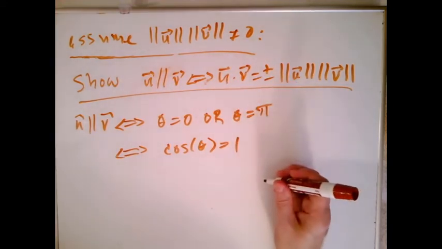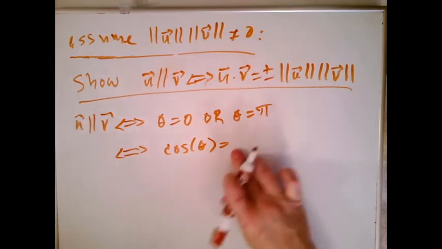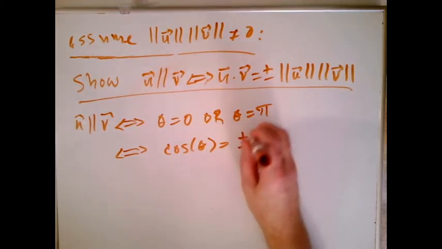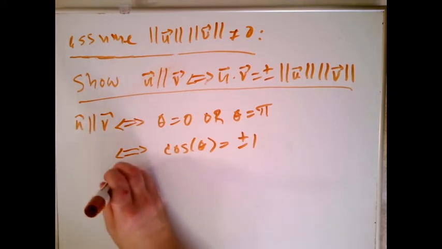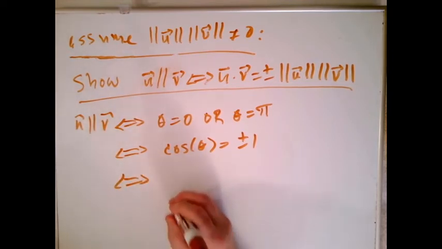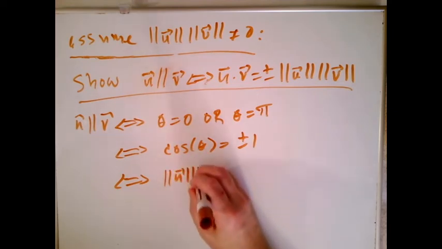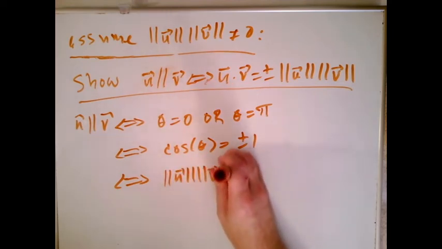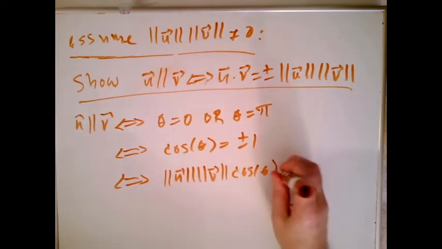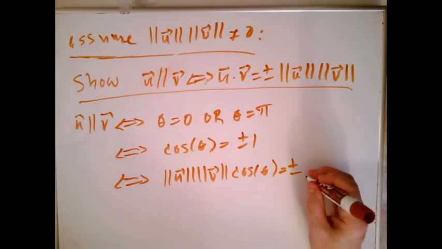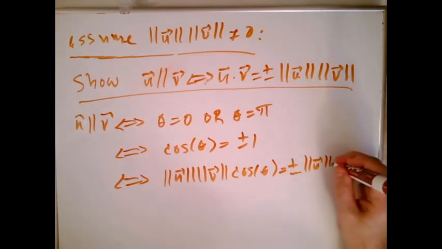So theta equals 0 or theta equals pi. That's better. That's going to say the cosine of theta is plus or minus 1. Now what I want to do is multiply both sides by the non-zero length of u, length of v. This is going to be length of u, length of v, cosine of the angle between them equals plus or minus the length of u, length of v.